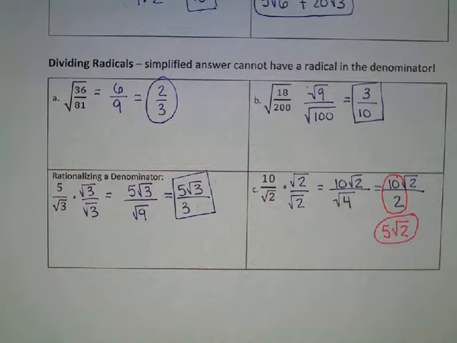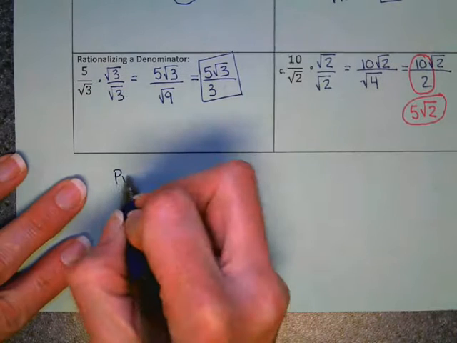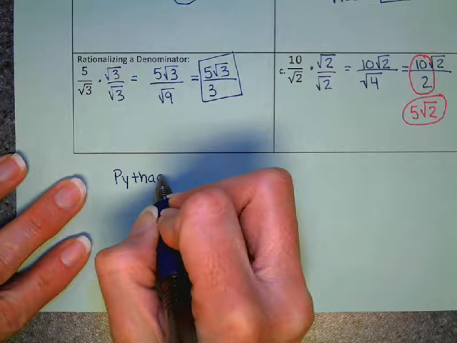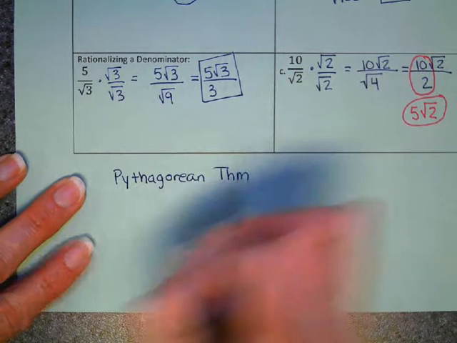Maybe I should do one quick example of Pythagorean theorem just so everybody's on the same page. Pythagorean theorem is a squared plus b squared equals c squared.